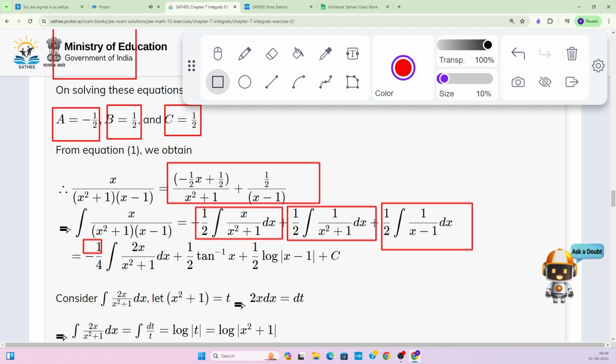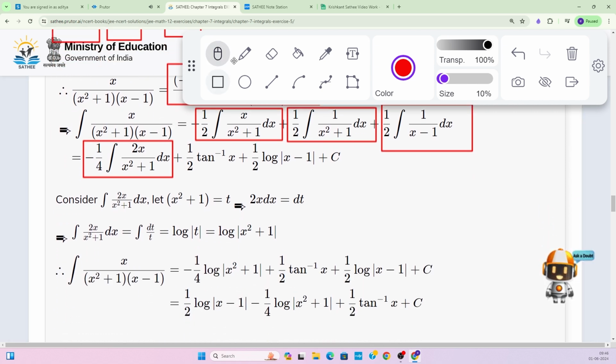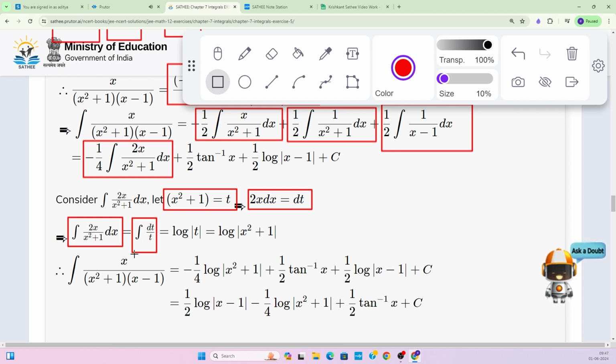Now the integration for this will be evaluated by using substitution, and we will be using the substitution taking the denominator equals to t. As you can see, this will give you 2x dx is equals to dt. This means integration of 2x divided by x square plus 1 dx is equals to integration of dt by t. This means log modulus t, which means log modulus x square plus 1.